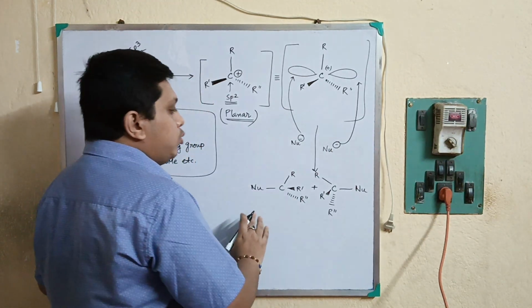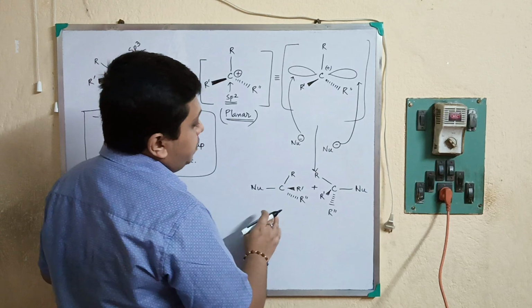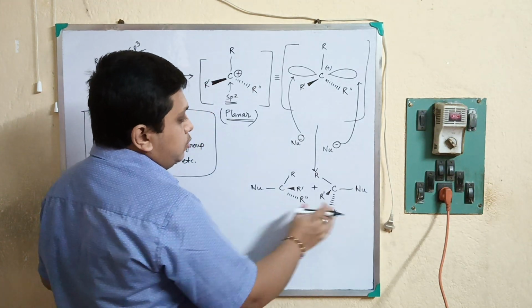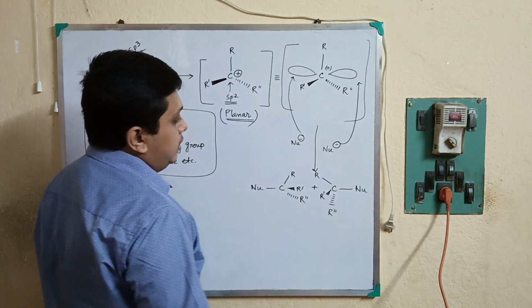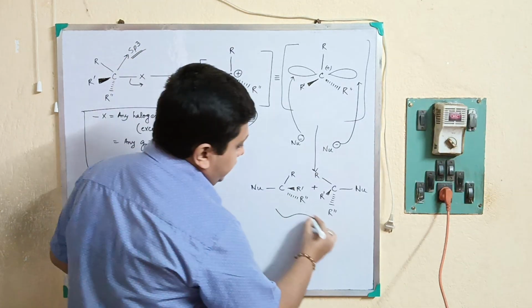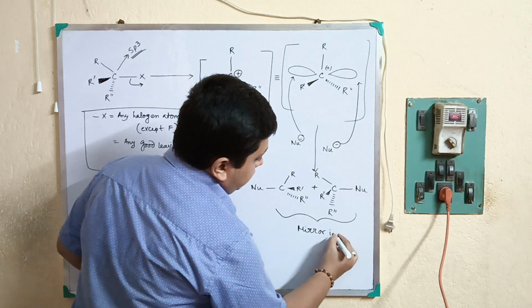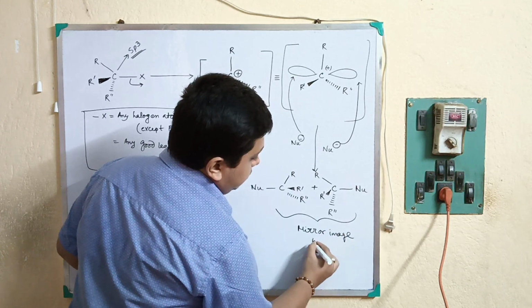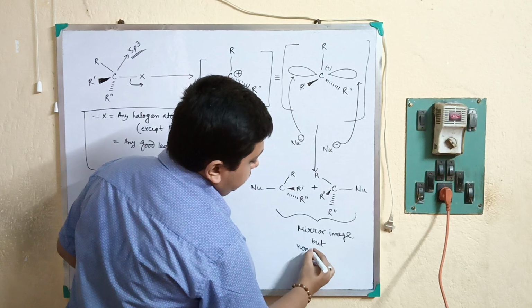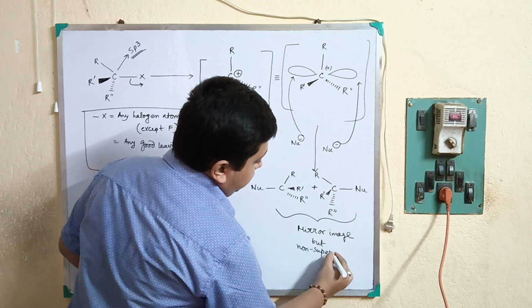Now, if we minutely see the two structures, then we can conclude that the two structures are mirror images of each other, but they are non-superimposable.